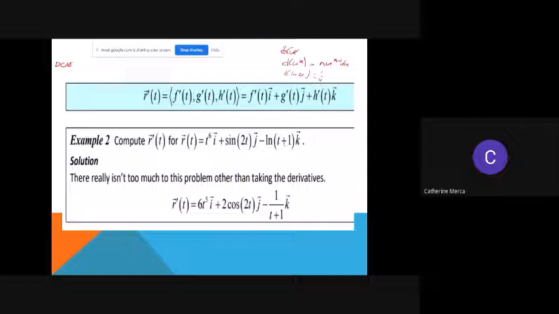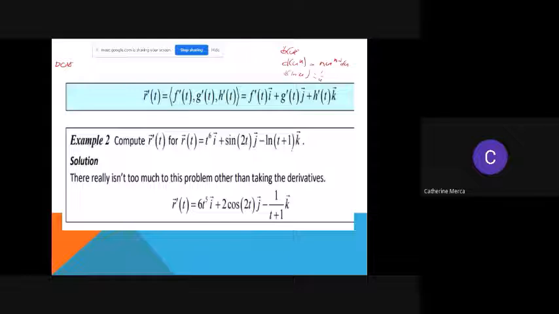Yeah, kasi 1 over u du man. So ang derivative ng t, dt, will give you 1 pa rin, unless t squared itong dito. Diba? So 1 over u du, 1 over t plus 1 dt. But what is dt there? In terms of t, derivative of t is 1.